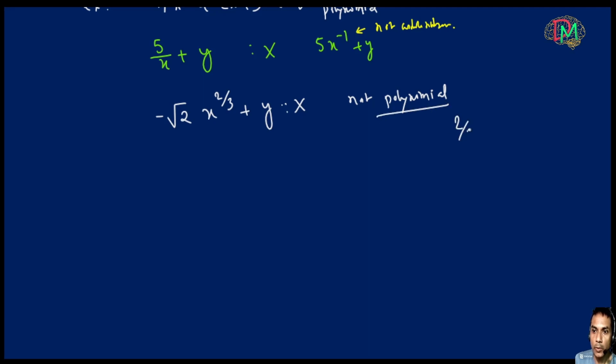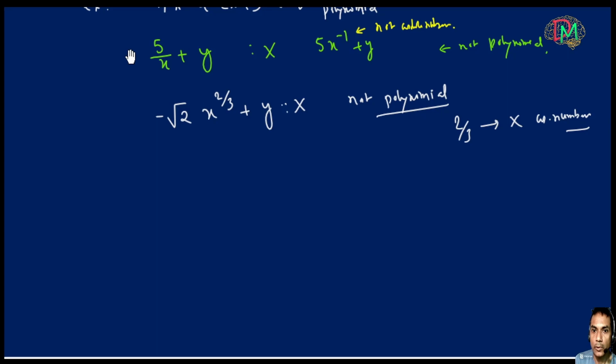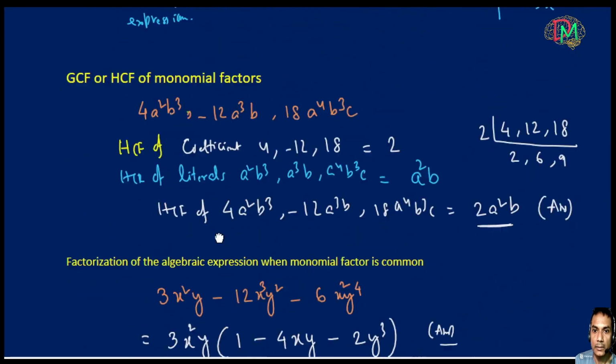Because 2 by 3 is not a whole number. It is a rational number. So we can't say this is a polynomial. Clear? So we have completed this.